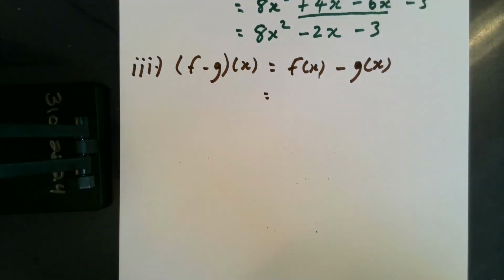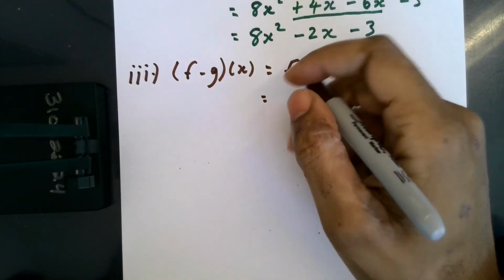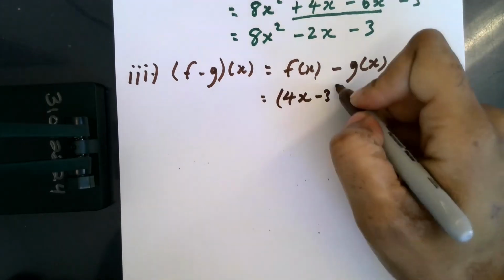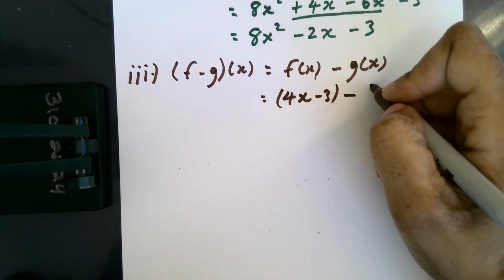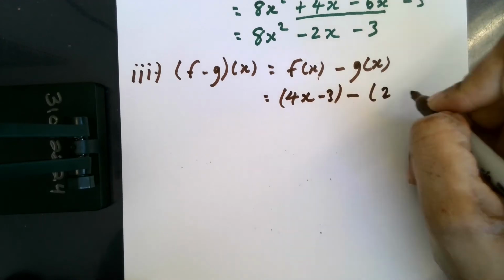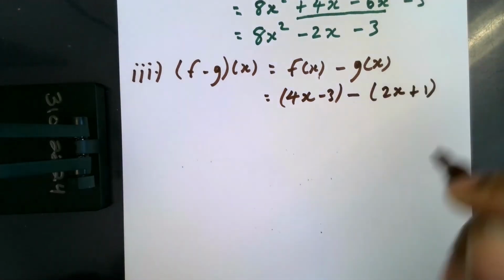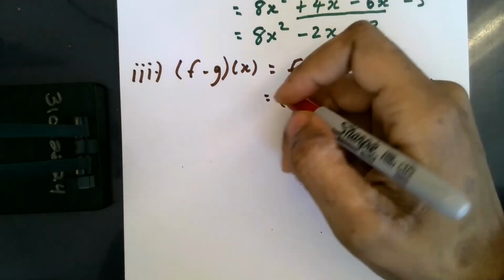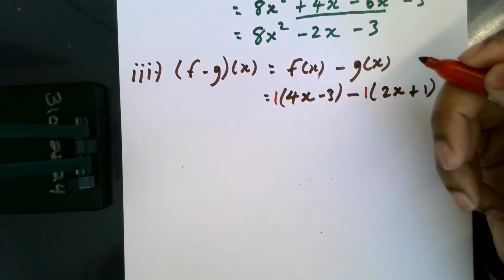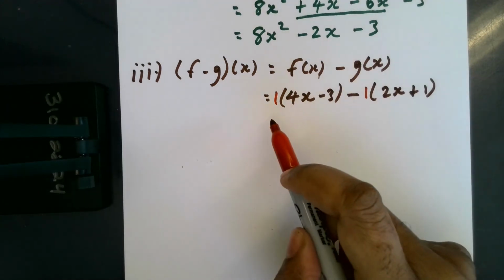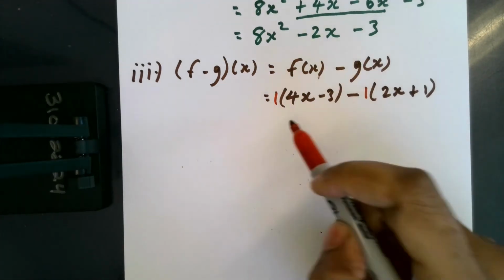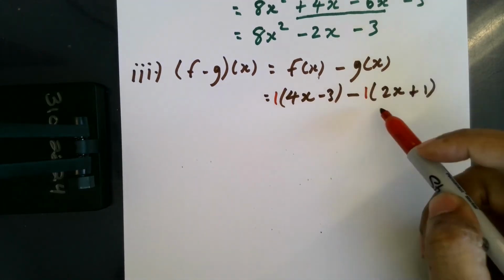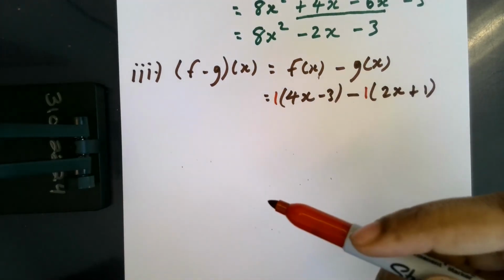All right, so let's get back to our problem here. So f of x is 4x minus 3 minus g of x, which is actually 2x plus 1. All right, in my previous video, I said that we should put a 1 here and a 1 here. And this simply says to us that we have one expression here and one expression here. So we are taking one expression from one expression. Yes.